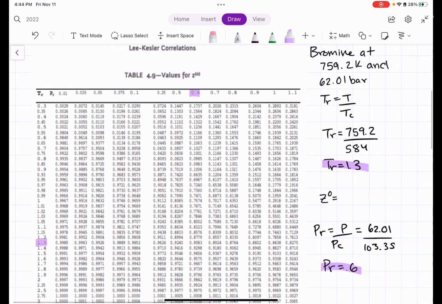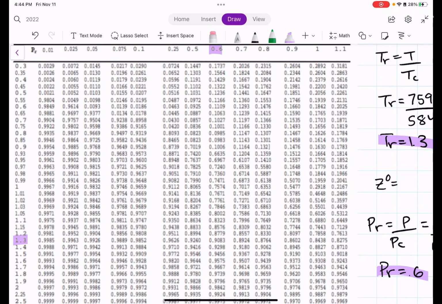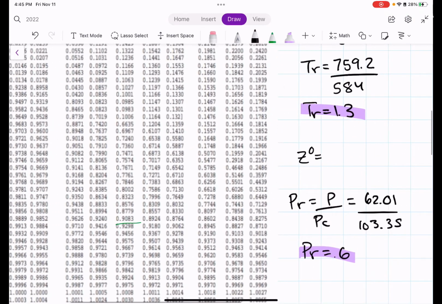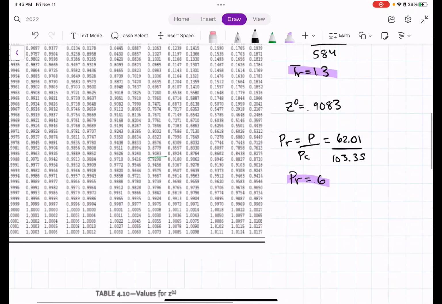And then we look at what the value is. For these numbers, it is 0.9083. Let me make sure. Yes. So my Z naught would be 0.9083.